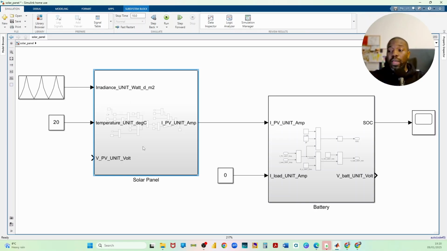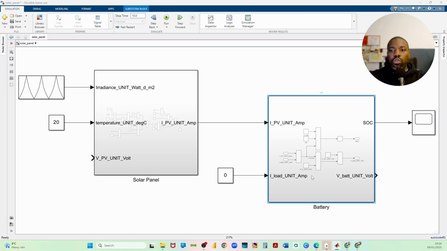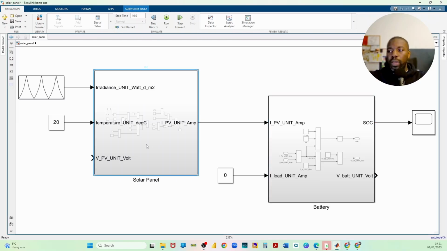In this case, the solar panel is seen as a subsystem, an object in itself, and the battery acts as another subsystem with its specific dynamics included. So the aim of this is to arrive at a point where you know exactly what the battery will be getting based on the solar panel and its irradiance. So let's try and go into the solar panel in this case.